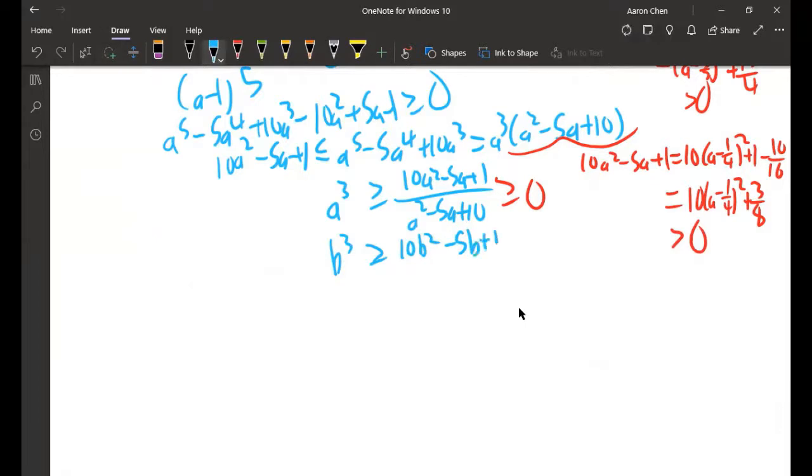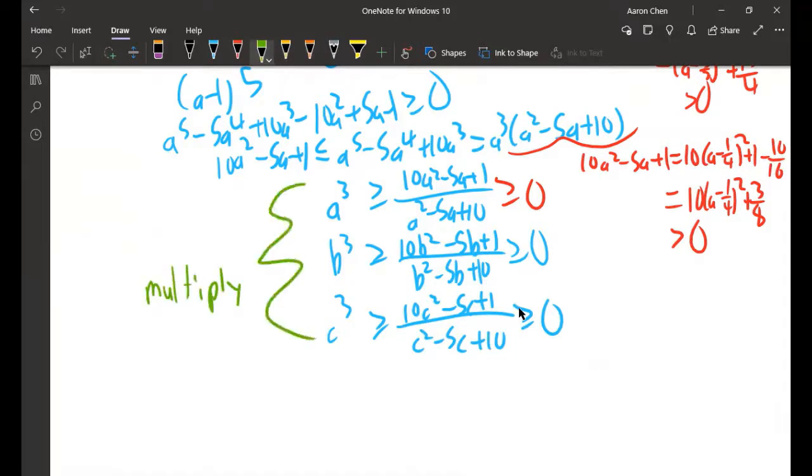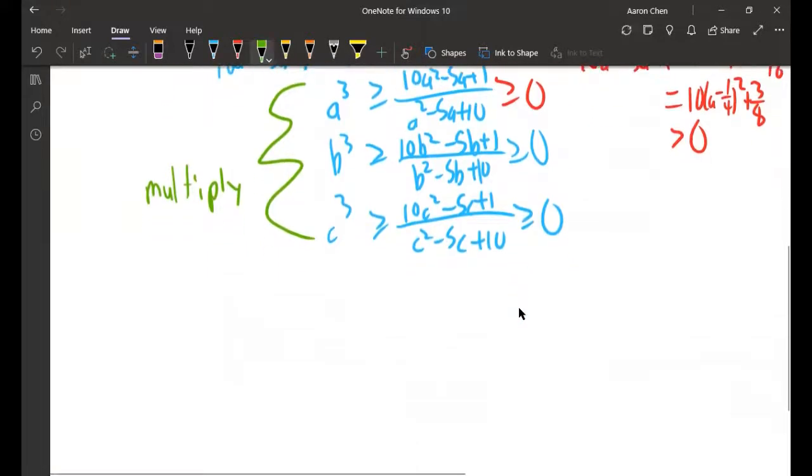So this is true, and this inequality is also true. And so now we can multiply together. Now we multiply all of these together.